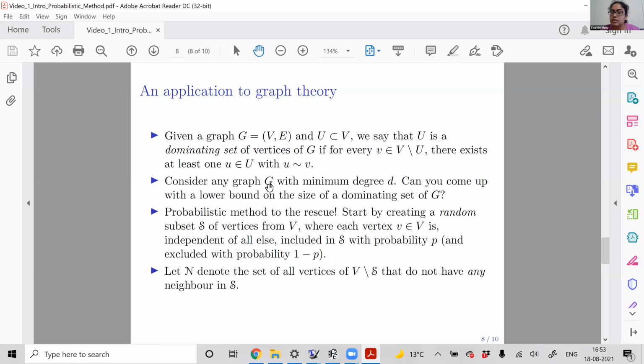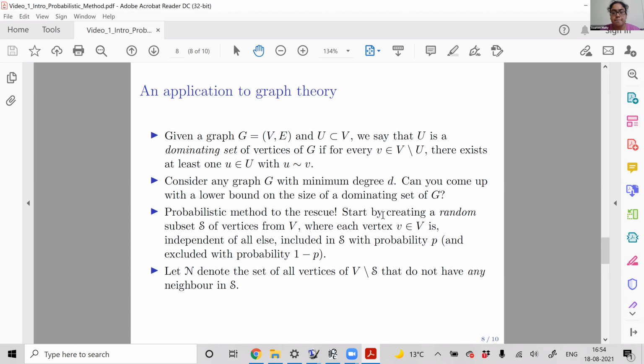So consider any graph G that has a minimum degree D. And here I assume that D is a positive integer. It's not necessary to assume that, but it probably makes more sense. D is greater than or equal to 1. So I want to come up with an upper bound. I shouldn't have written lower bound here.